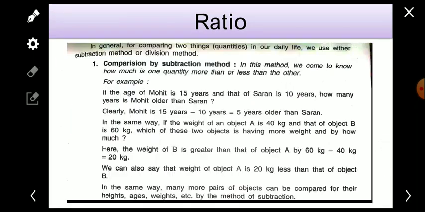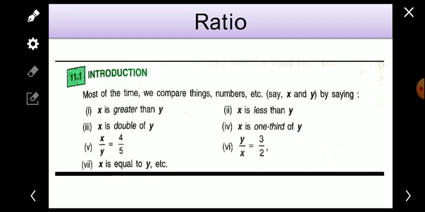Now, in general, for comparing two quantities or two things in daily life, we use either the subtraction method or the division method. Thus, this much less than or that much less than, more than, less than, like this we compare. Okay, using the subtraction method or division method. Like here, double, triple, like this.